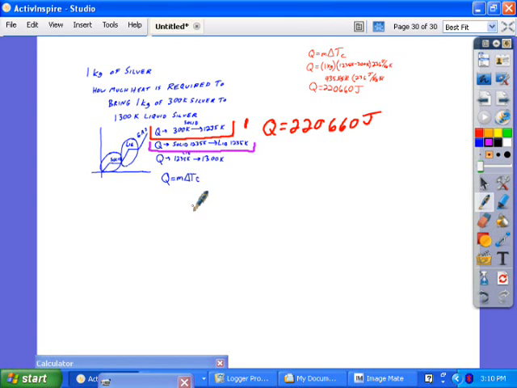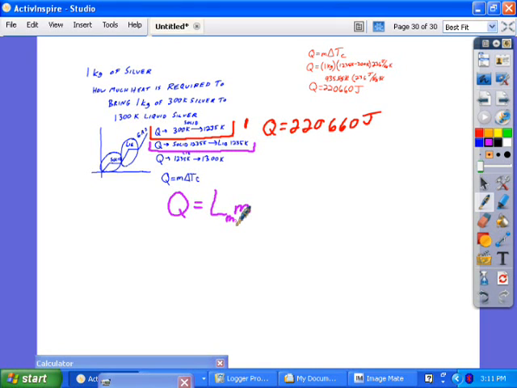Alright, now in this one it's going to have to be Q equals L M. Now I am looking for the latent heat of, well, I'm going from a solid to a liquid, so this is going to be my latent heat of melting. Okay, I know it seems bizarre, it's going in the opposite direction here.